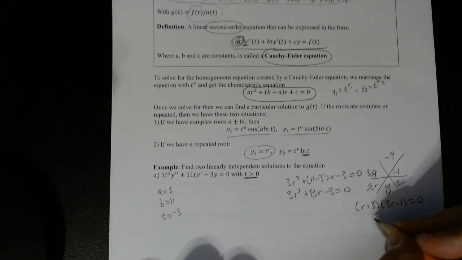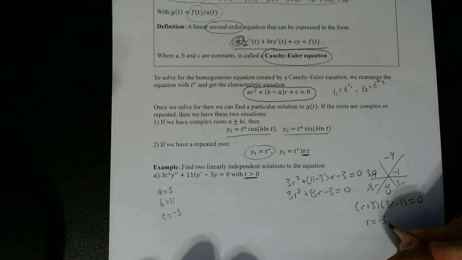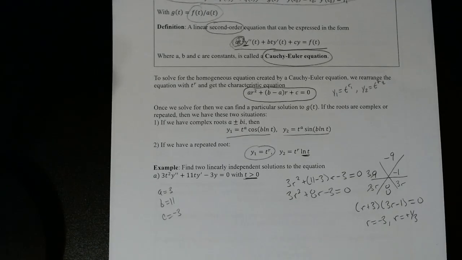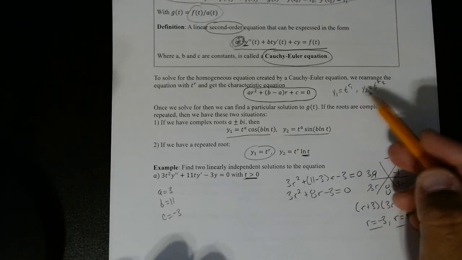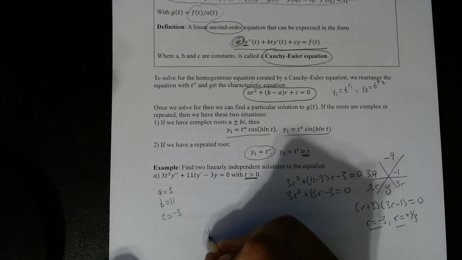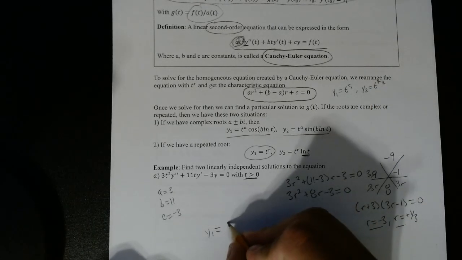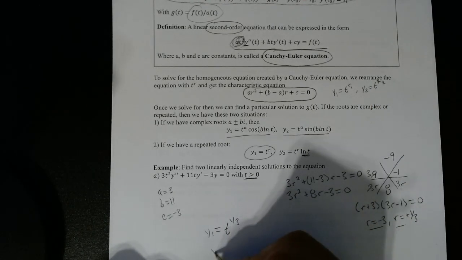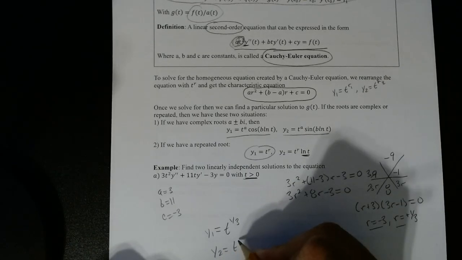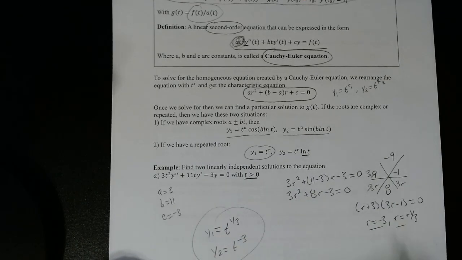Therefore, r is equal to negative 3, and r is equal to positive 1/3. So we have distinct roots, which means our solutions are just t to these powers themselves: t to the 1/3 and t to the negative 3 power.